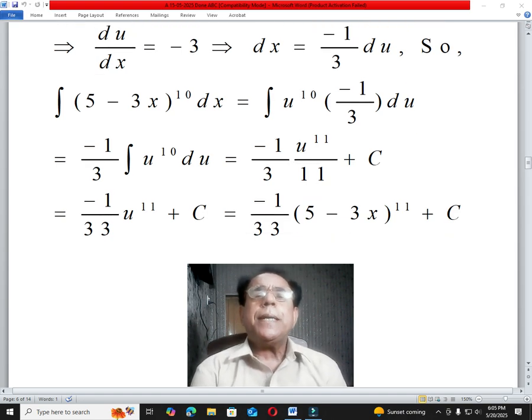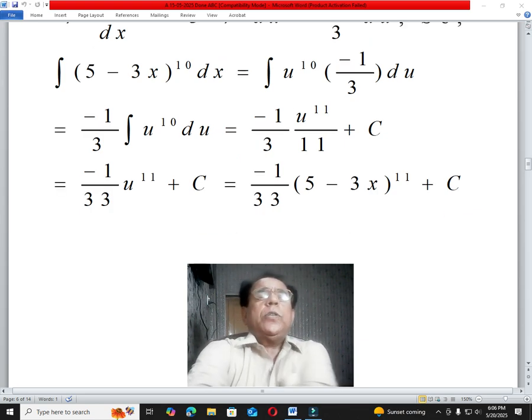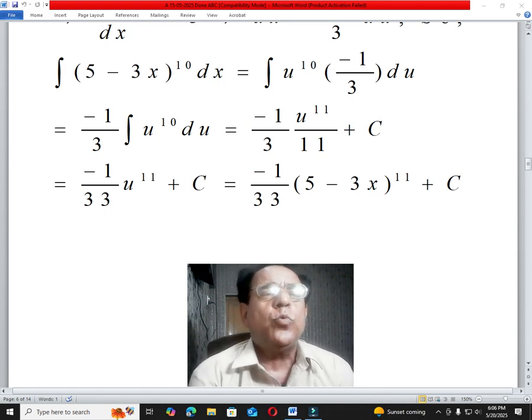From here, because minus 1 by 3 is constant, it will be taken out and written prior to the sign of integration. That is to say, in the next step we have minus 1 by 3 into integral u raised to power 10 du. Now, dear students, in the next step we are going to integrate it as per rules of integration.